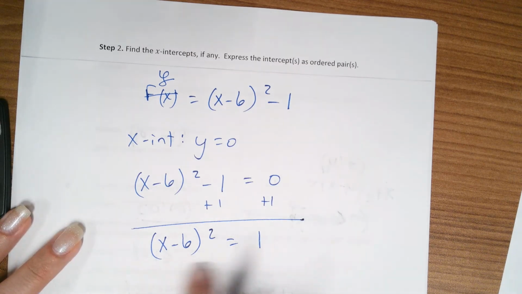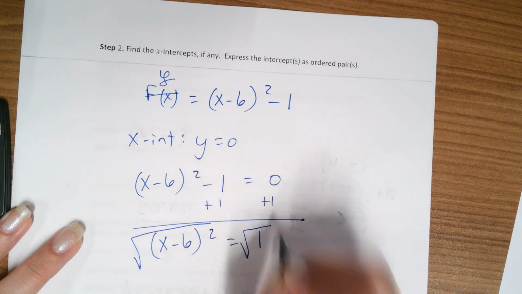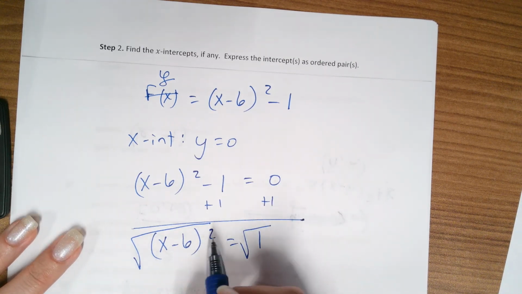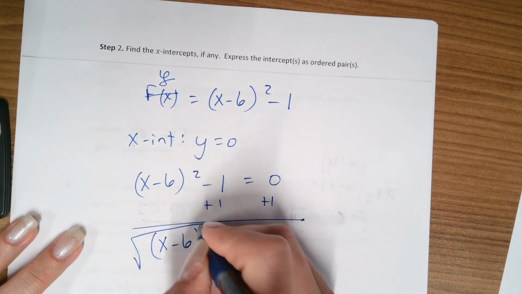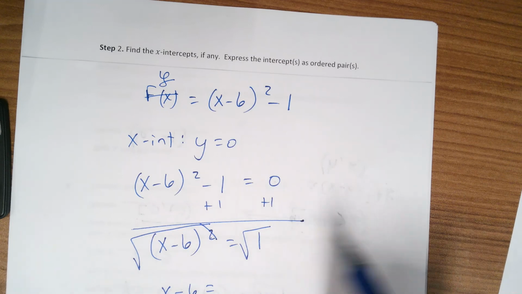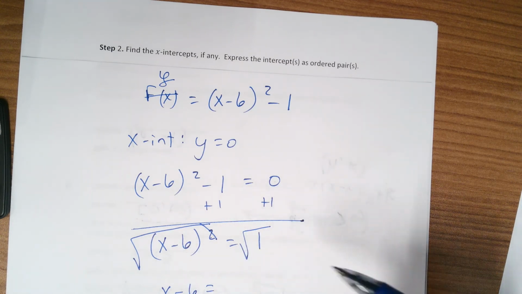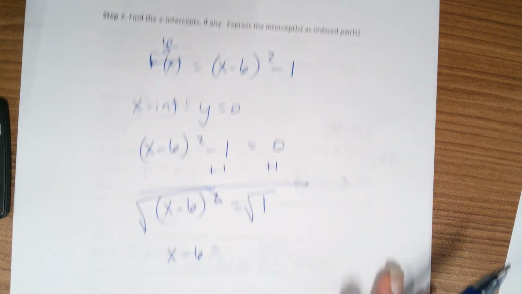And now since the thing that is squared is all by itself, I can go ahead and take the square root of both sides. When I take the square root of something squared, that square and square root cancel out. I get x minus 6. And when we take the square root and we're dealing with a variable, we have to take into account that the value that I originally squared could have been positive or it could have been negative.